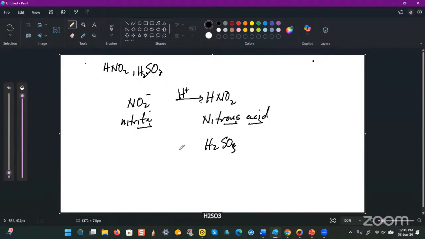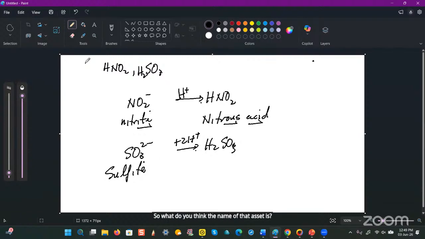In this case, the formula for the anion would be SO3 2 minus plus 2H plus. The name of this anion is the sulfite ion. So what do you think the name of that acid is? Sulfurous. I can understand why I said that, but the actual name is sulfurous acid.